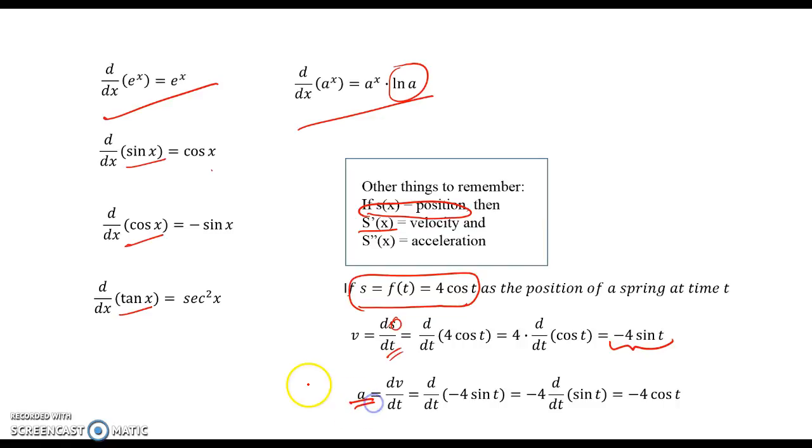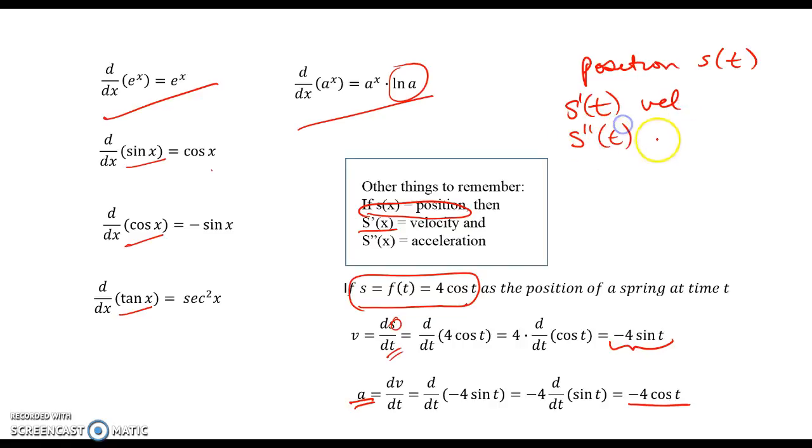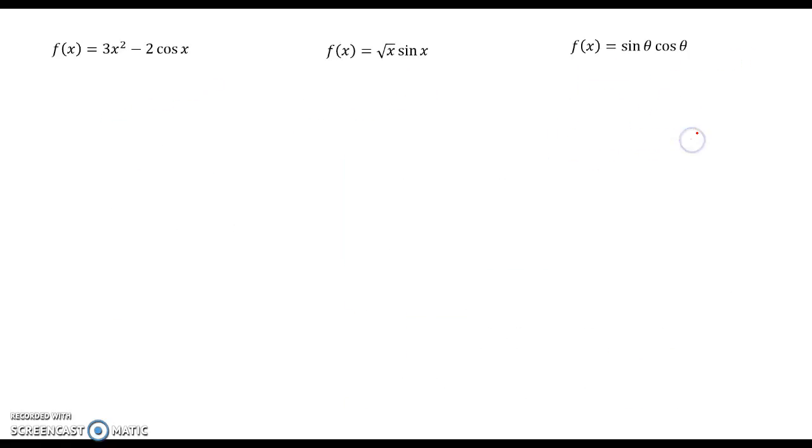The acceleration then is the second derivative. So I take a derivative of the first derivative to get the second derivative, and I end up with negative 4 cosine t. So we may see some problems coming up like that, but that's something to keep in mind, that we have position, usually you'll see it as s of t. These are all functions of time, right? So the first derivative of position is the velocity, and the second derivative of position is the acceleration.